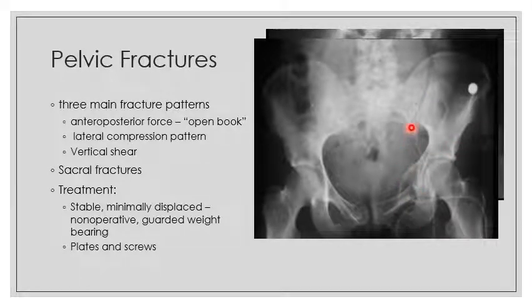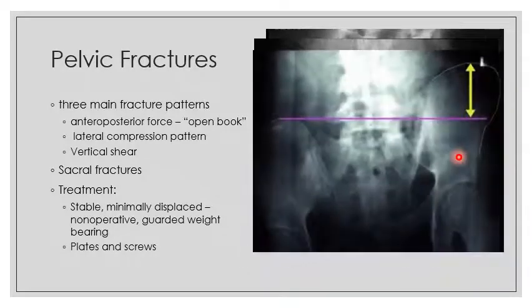And if it's quite severe, you can also fracture this part of the sacrum, the sacroiliac joint. Then the vertical shear: you can see this pelvis shifted upward. So there's already disruption of your posterior sacroiliac ligaments.